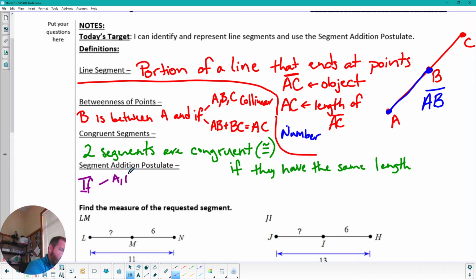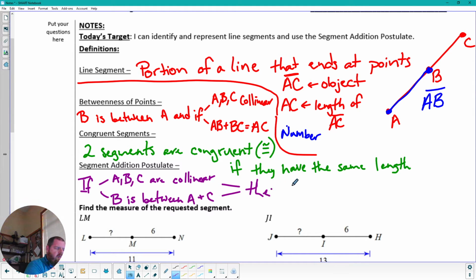If A, B, and C are collinear, and we'll say B is between A and C. If I have those 2 things, then I can say that this statement, AB plus BC equals AC.